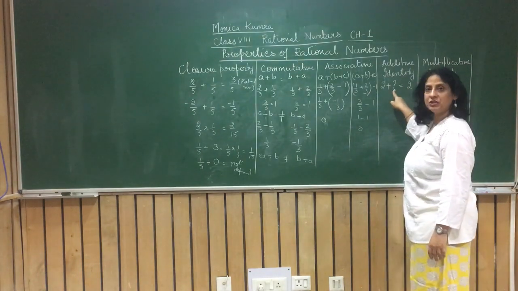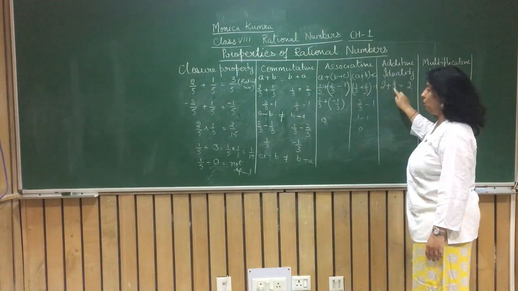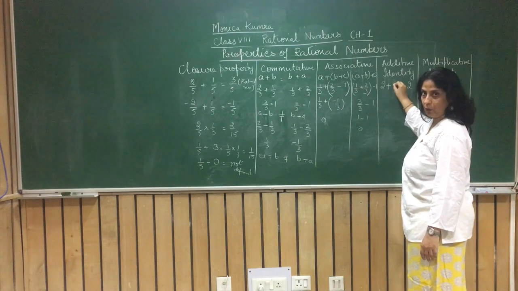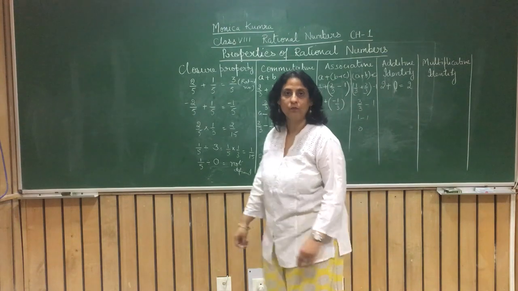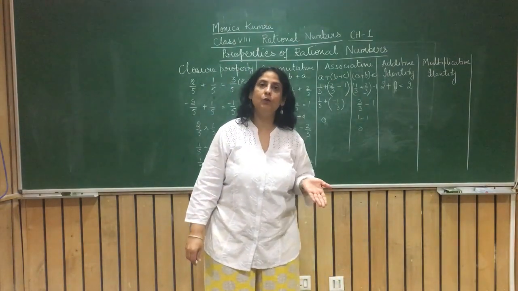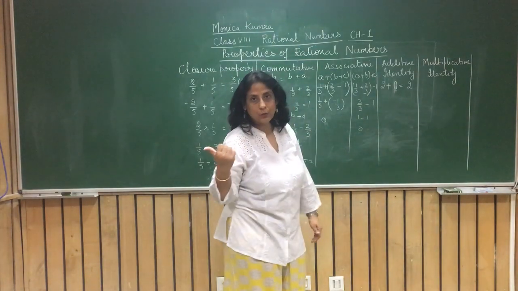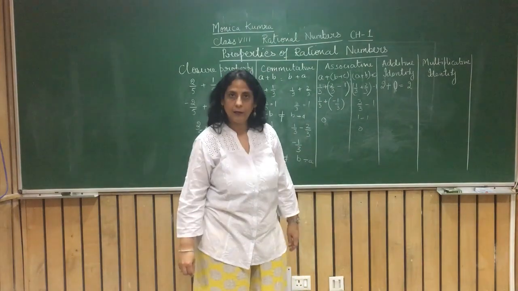So what should be this question mark? Can this question mark be 1? No. Can this question mark be minus 1? No. So this question mark should be 0. So whatever we are adding to 2, we are getting 2 back. So this means we are adding nothing to 2. So this nothing is known as additive identity.